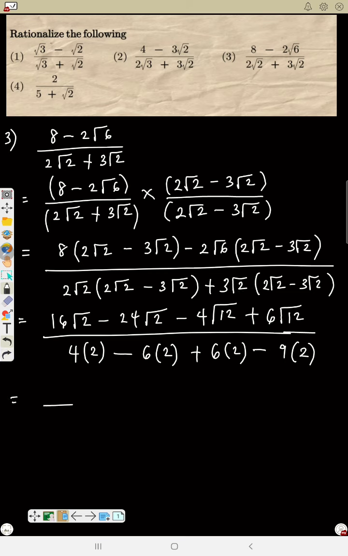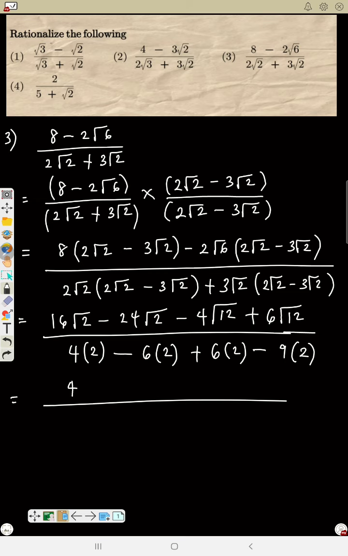So this will give us 16 root 2. We can add these two together because they are root 2 and root 2. So 16 plus 24, that will give you 40. Sorry, it is minus.